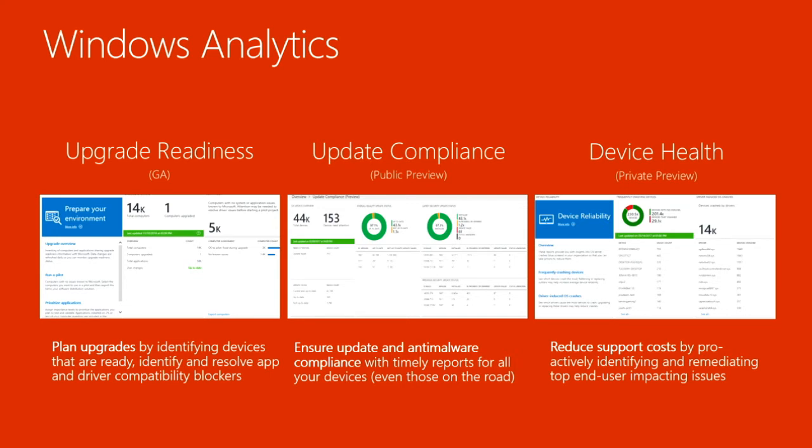Once you are upgraded and on the path to the next version, the Update Compliance solution helps you keep these devices up to date. That means you're always current with your security updates, your monthly quality updates, and if you're using Defender, you can keep track of whether your Defender signatures are up to date.